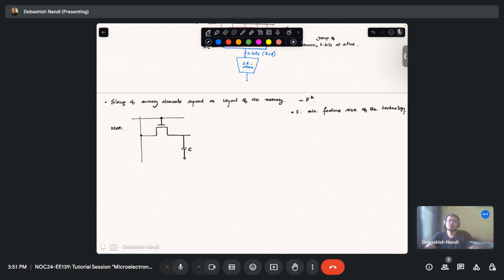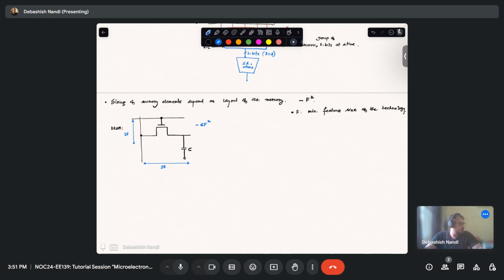Your DRAM has this dimension around 2 feature size, and this dimension around 3 feature size. So your DRAM generally has a size of 6F square.